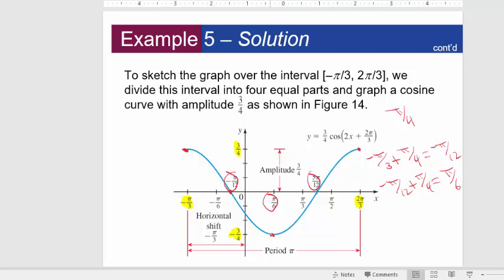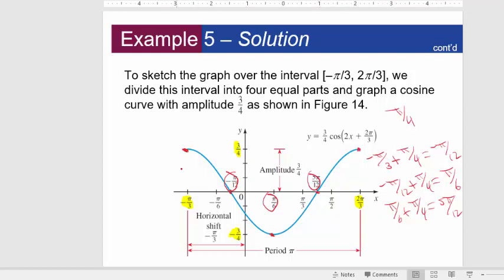And that's where it hit your minimum value. And then how'd you get the 5 pi over 12? Well, you did pi over 6 plus pi over 4 again, and that's going to give you 5 pi over 12. So that's how you knew what these other x values were, right?